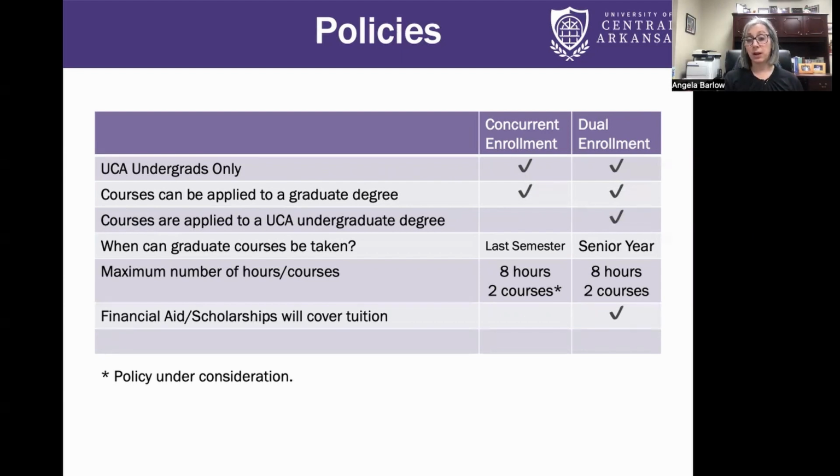So when a student applies to take a graduate class via concurrent enrollment, financial aid doesn't cover the tuition. Most scholarships will not cover that as well. Again, it's not a class that you have to have, and therefore the funder is not going to pay for it.